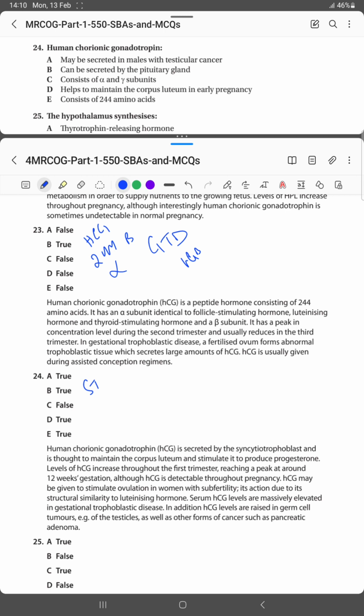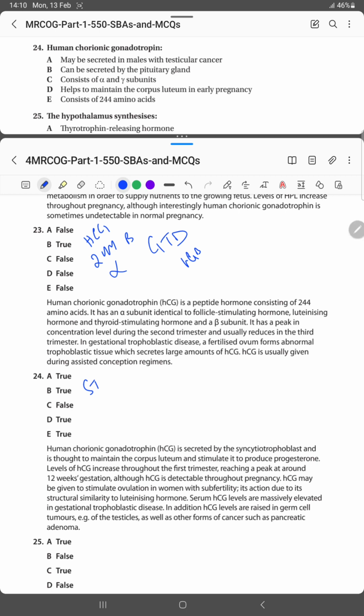Although HCG is detectable throughout the pregnancy, it may be given to stimulate ovulation in women with subfertility, due to its structural similarity to luteinizing hormone. Serum HCG levels are massively elevated in gestational trophoblastic disease. In addition, HCG levels are raised in germ cell tumors, for example of the testes, as well as other forms of cancer such as pancreatic cancer and adenomas.